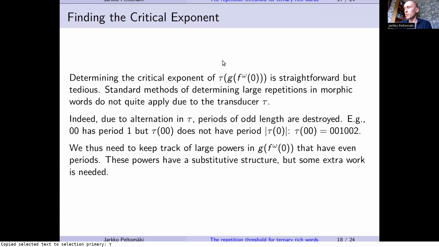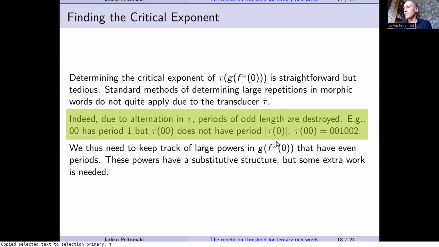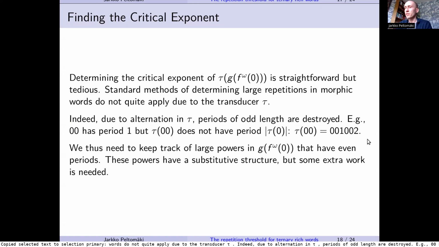complications. So for instance, I wrote here that there is a problem with odd periods. 0, 0 is a square. It has an odd period of length 1. But if you take its image under tau, it's not a square. It's this word, because in even positions you apply tau in one way, and in odd positions in another way, you have this alternation of ones and twos.